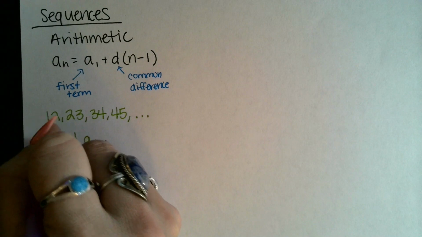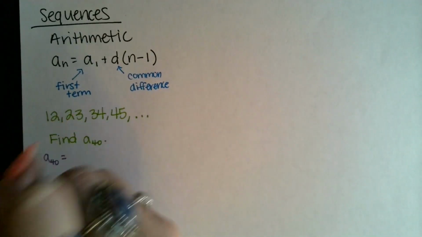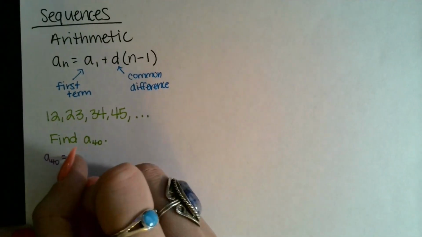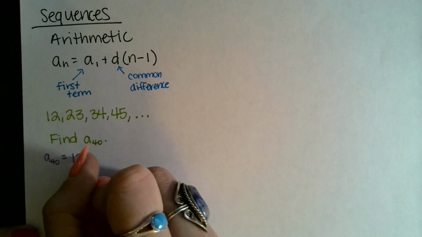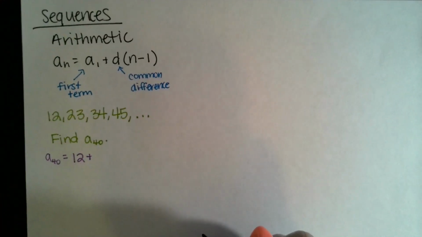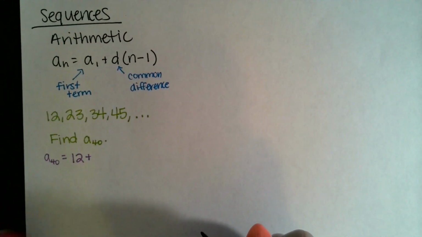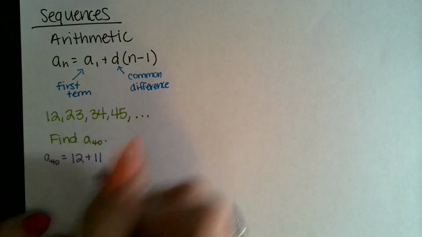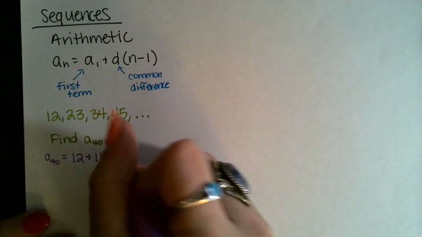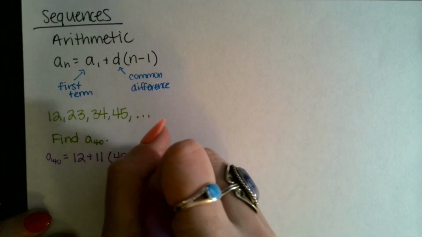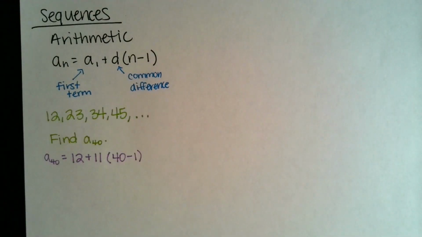So, a sub 40 equals the first term, 12, plus, what's the common difference? It's 11. Parentheses, 40 minus 1. And it's 40 because that's the term we're looking for.